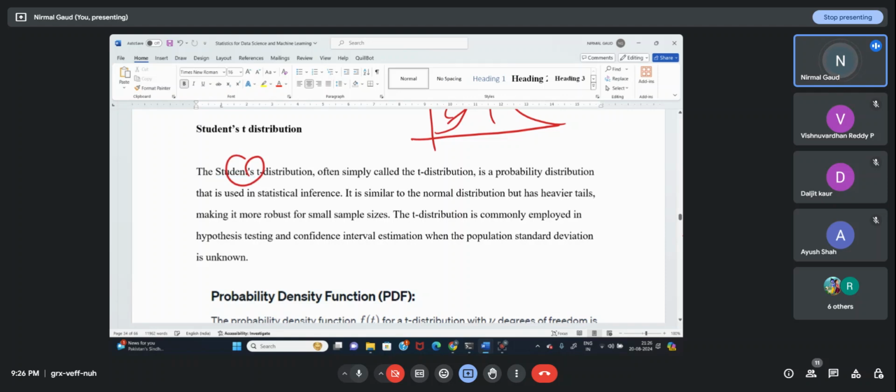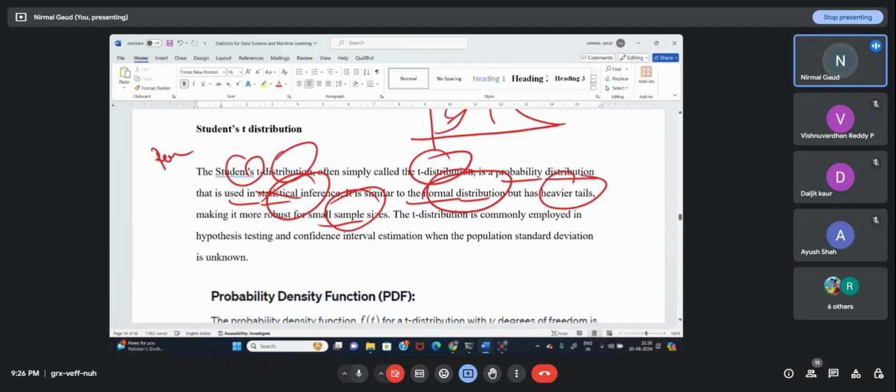See, the student T distribution, also called the T distribution, is a probability distribution used for statistical inference. It is similar to normal but has heavier tails, making it more robust for small sample sizes. Remember one thing.